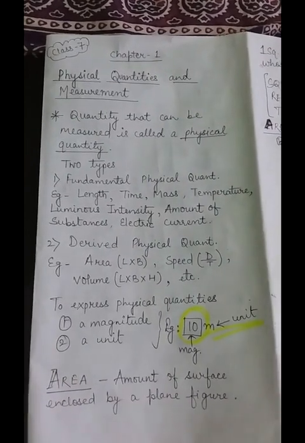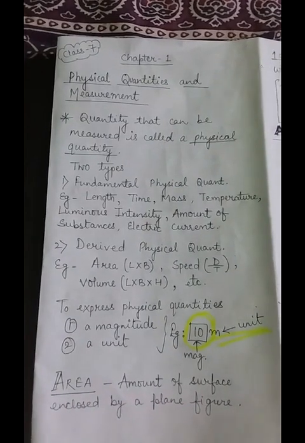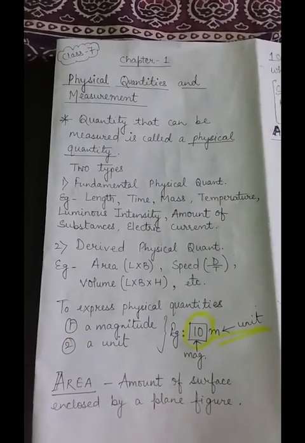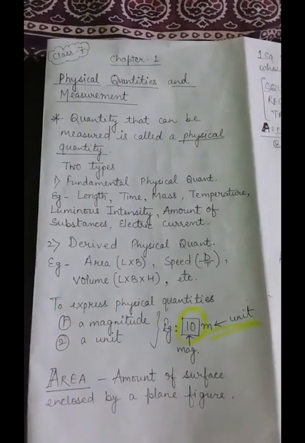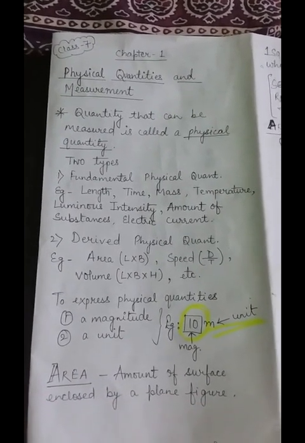So to express a physical quantity, we need a magnitude and a unit. Magnitude will give its value and unit will give a proper dimension to the physical quantity.